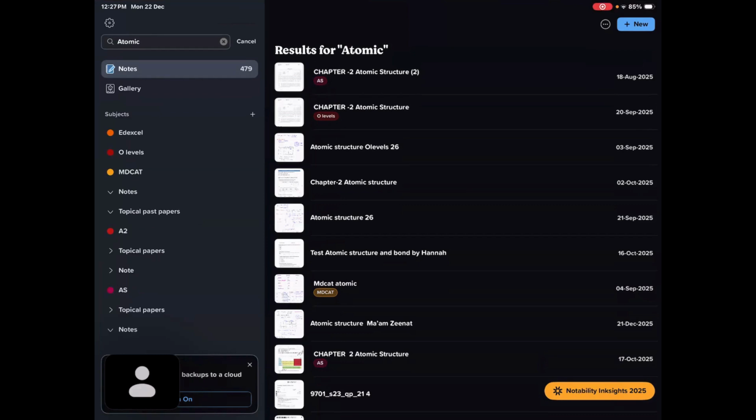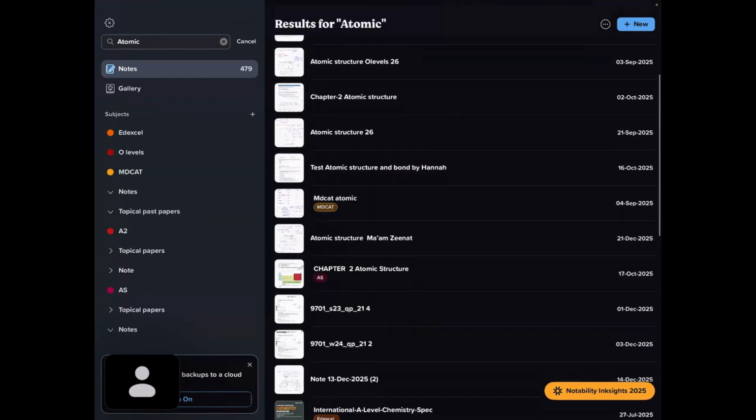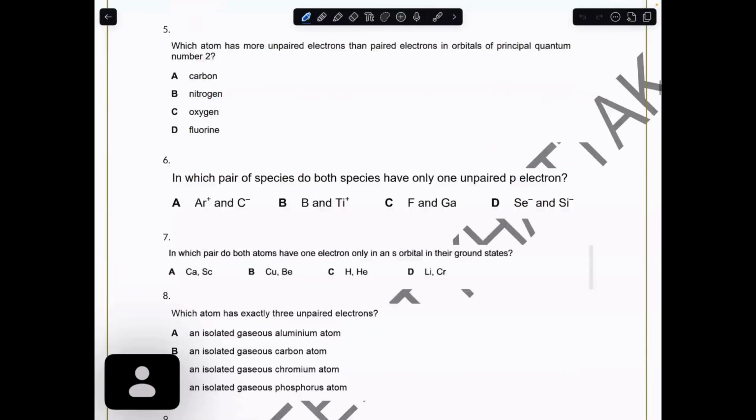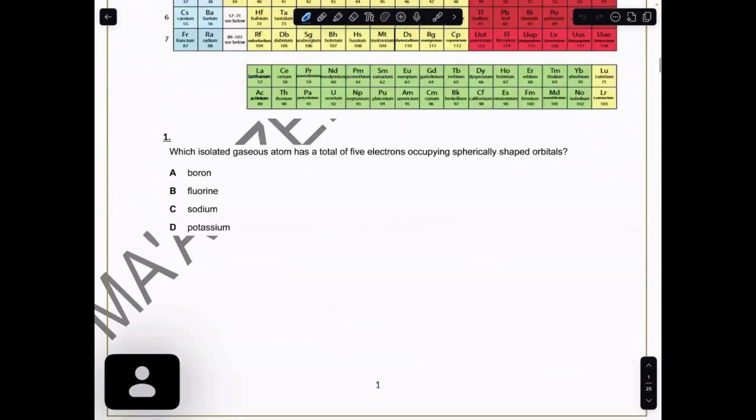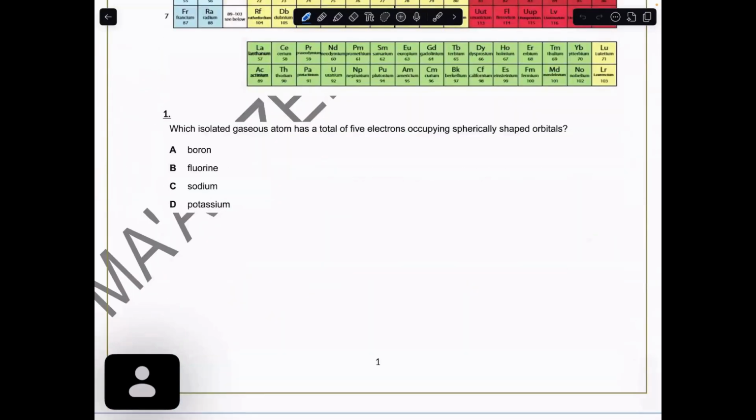Atomic structure, where are the questions? This one. The first question is: which isolated gaseous atom has a total of 5 electrons occupying spherically shaped orbitals?